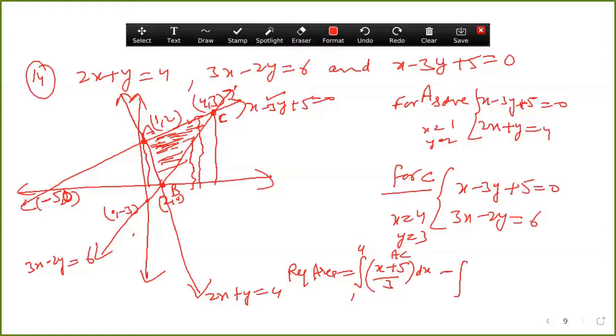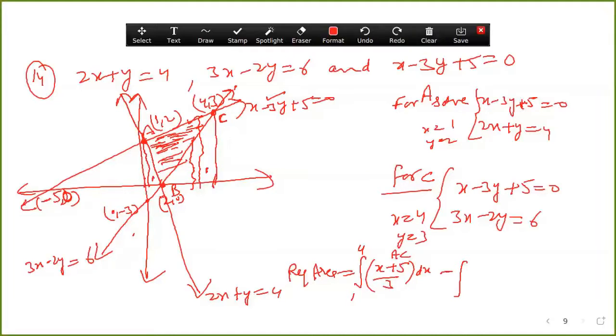You have got the whole area from A to C. Now this one is extra and this one is extra, you have to subtract these two. First BC and then AB area, you have to subtract.